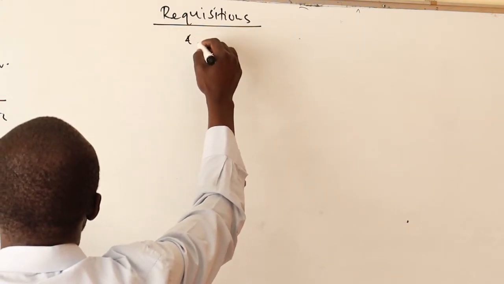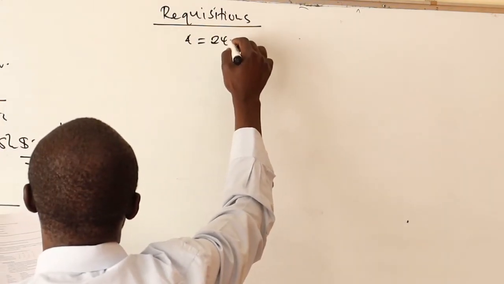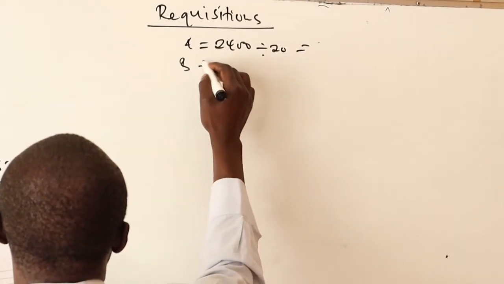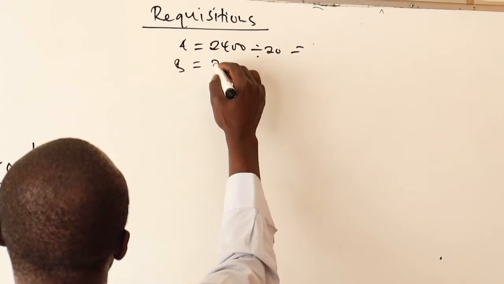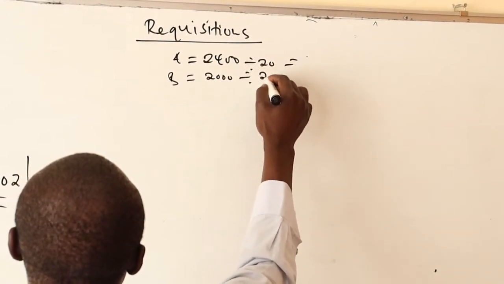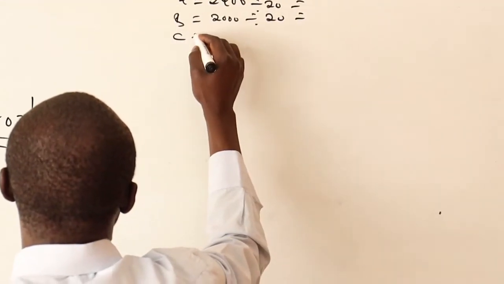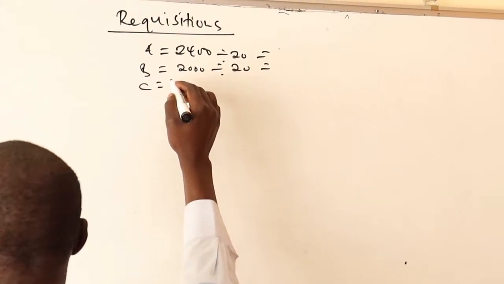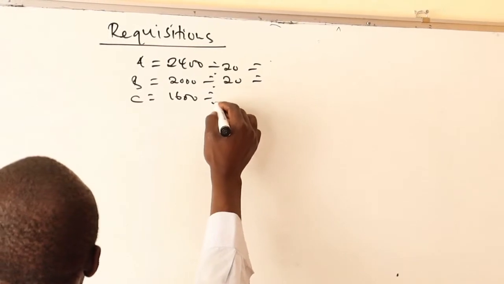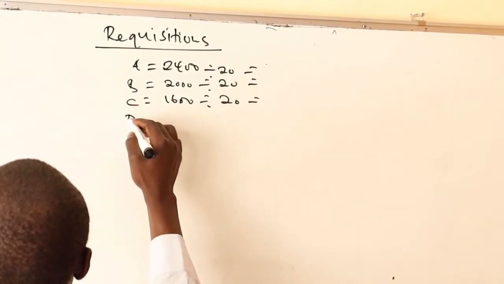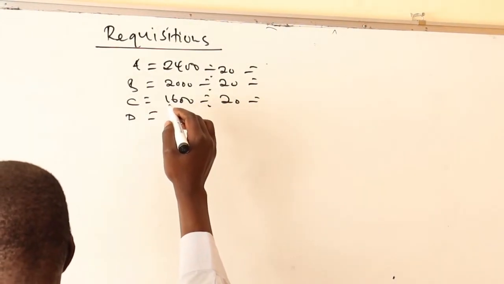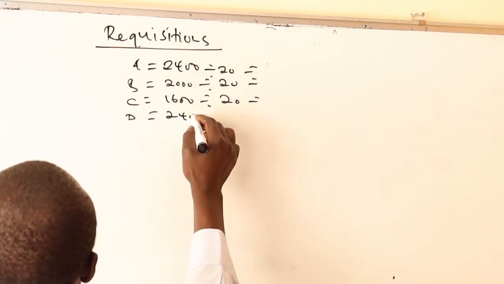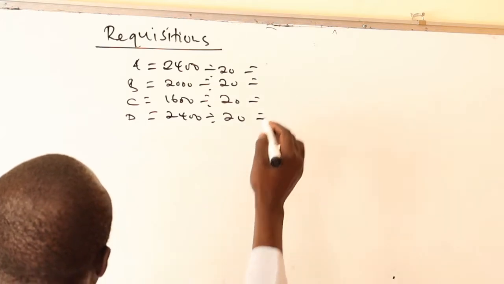For product A, it will be 2,400 divided by 20. For product B, 2,000 divided by 20. For product C, 1,600 divided by 20. And for product D, 2,400 divided by 20.